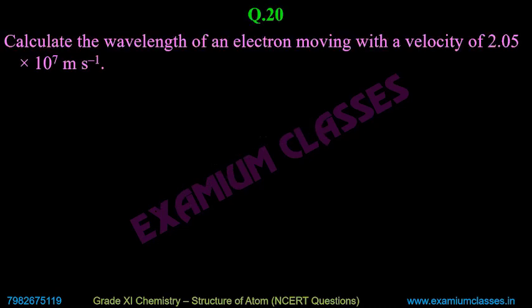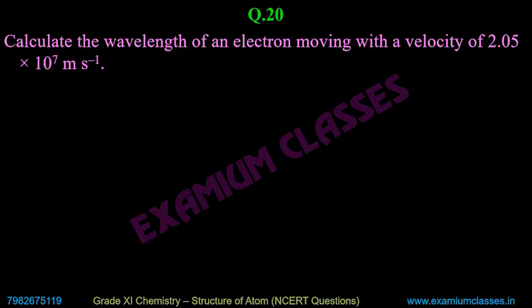Okay. And now there is this question, and you need to send the answer to me quickly after the class. Calculate the wavelength of an electron moving with a velocity of 2.05 into 10 power 7 meter per second. I am giving you just a hint.